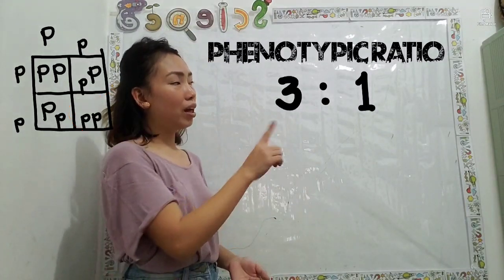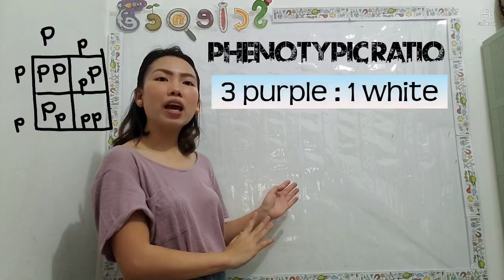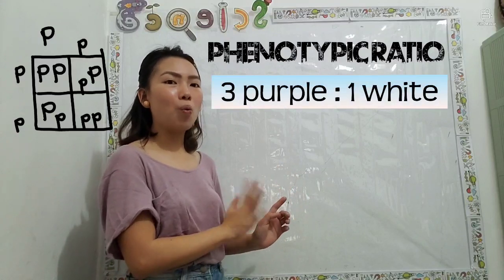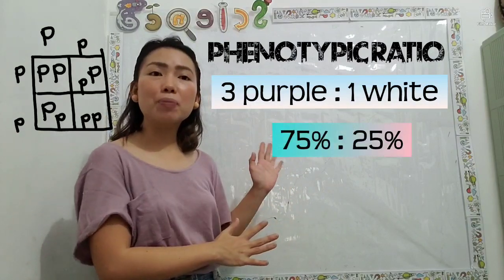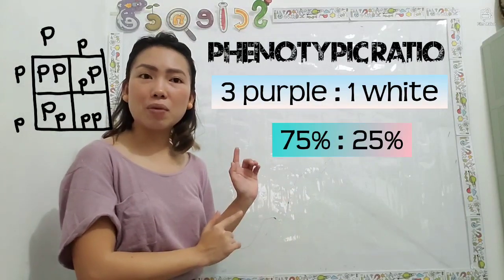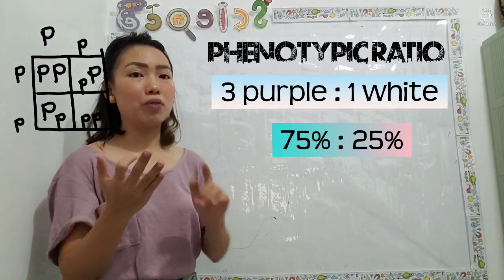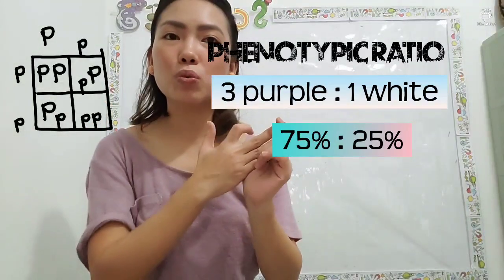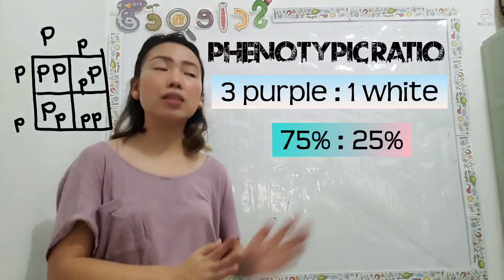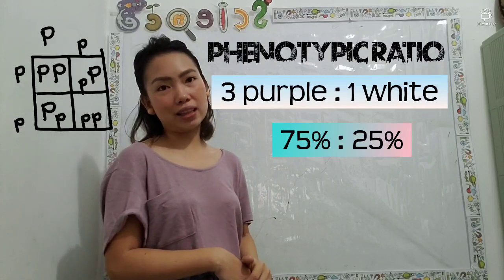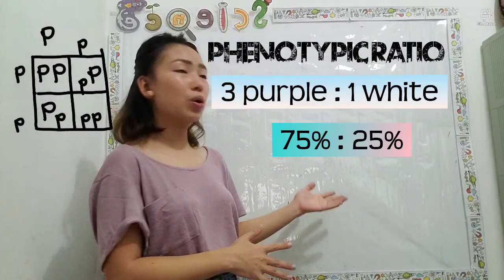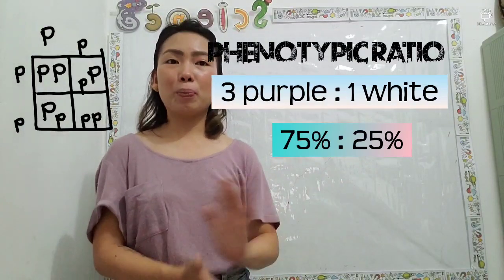So we have 3 purple and 1 white flower. Or we have 75%. Kasi ang isang box ay 25, tatlo. So we have 25, 25, 25. So we have 75% purple and 25% white, which is still equivalent to 100%.